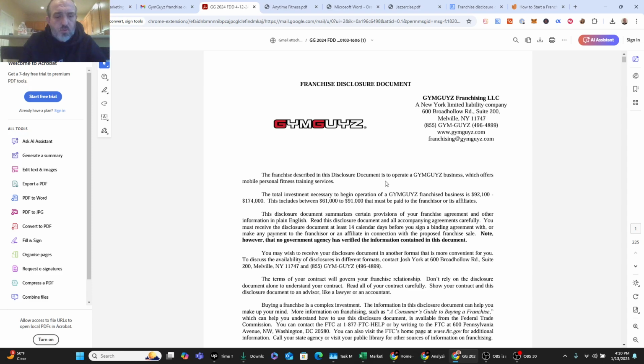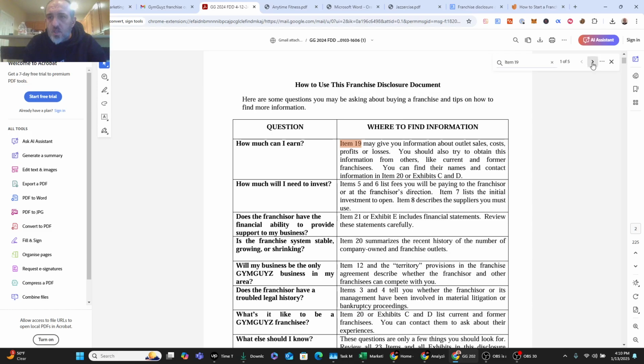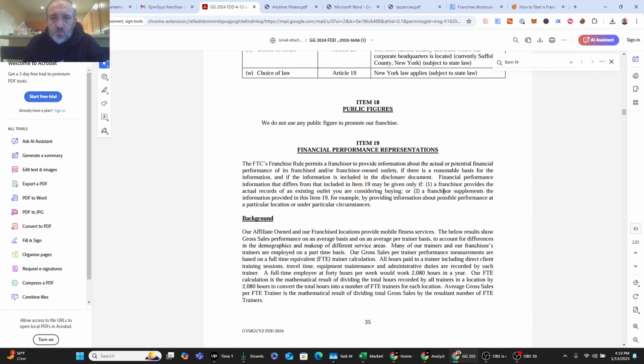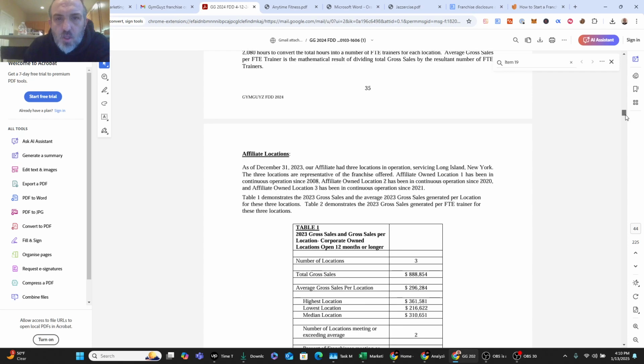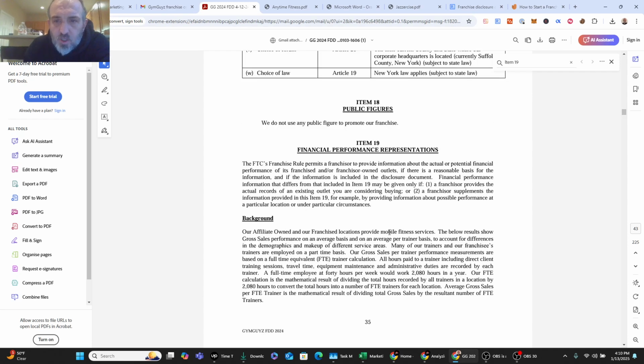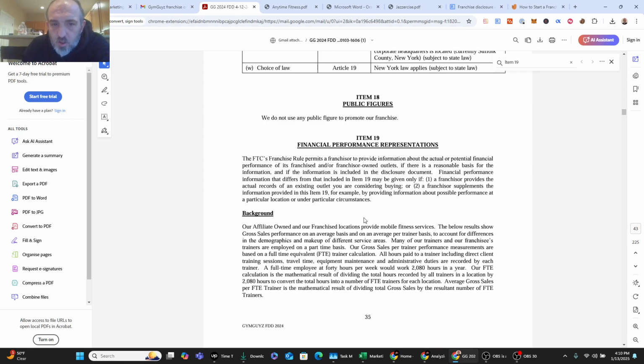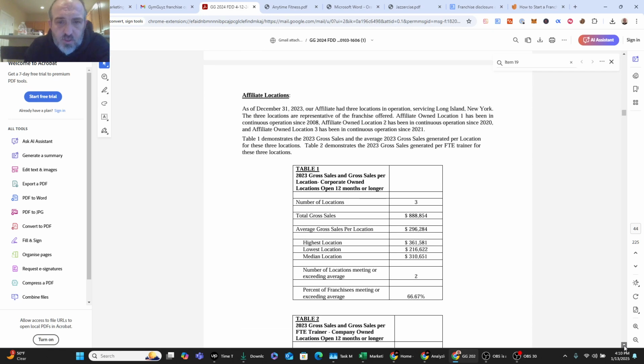So if you push Control F and then do item 19, you will be able to see the financial performance representations. It explains some background information about the information provided.